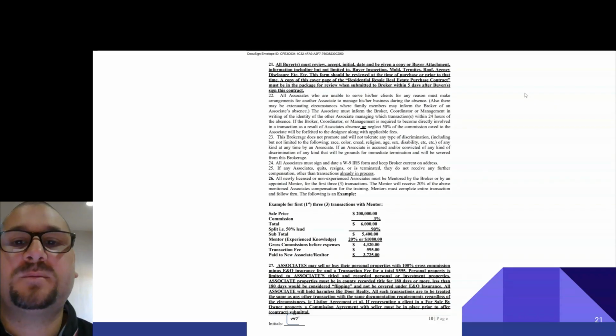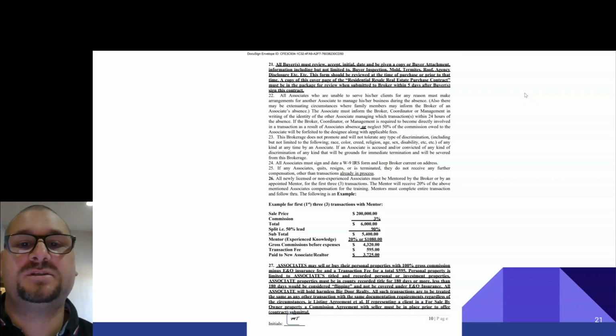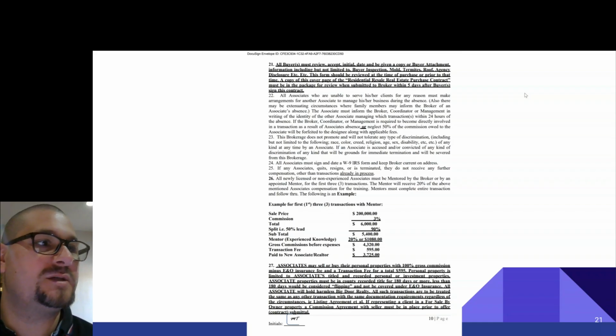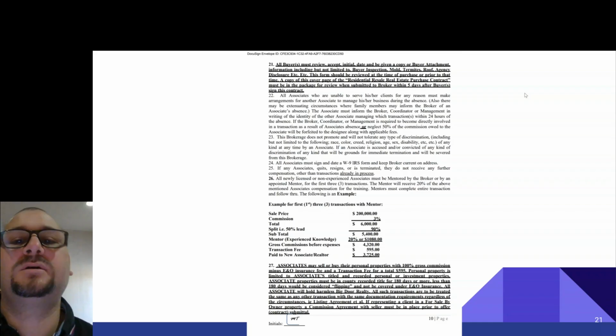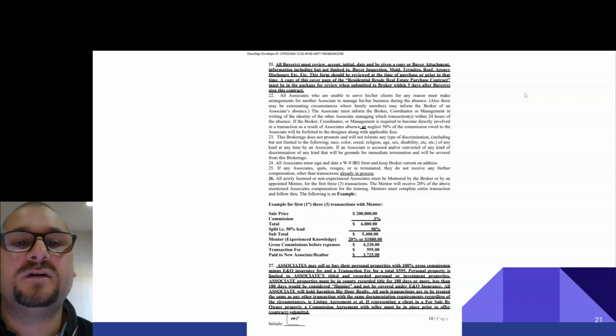The brokerage does not promote and will not tolerate any type of discrimination, including but not limited to the following: race, color, creed, religion, age. So can you discriminate because someone's old? No. 70-year-old, 80-year-old, no, you can't discriminate. Age, sex, disability of any kind by an associate.